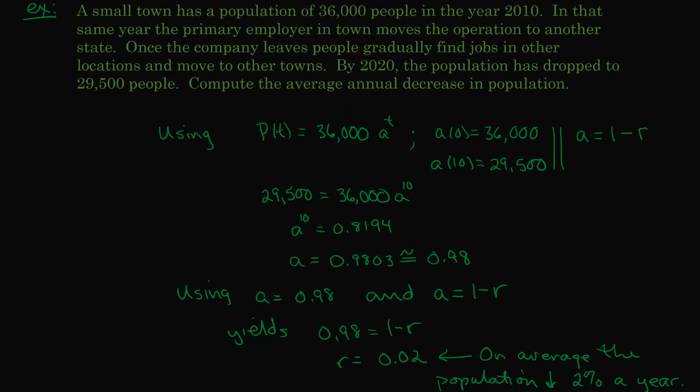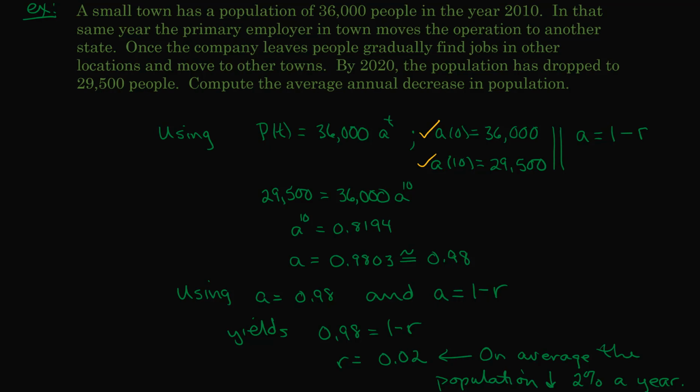Okay, we have 2 pieces of information here. The first is that at time 0, the year 2010, the population is 36,000. We're given some additional information. 10 years later, the year 2020, the population has reduced or decreased to 29,500.